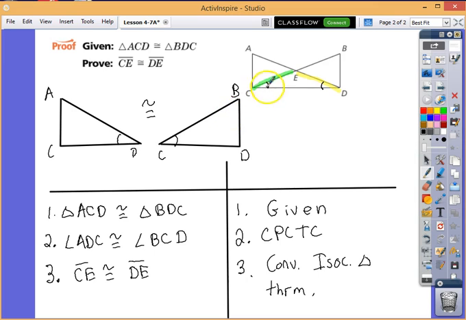I pulled the drawings apart and noticed that those two angles were the corresponding parts. Since the triangles were congruent, by CPCTC these angles were congruent, then I remarked them on my main drawing, and it was really obvious that this was definitely an isosceles triangle. By the converse of the isosceles triangle theorem, I could say that the two sides are congruent.